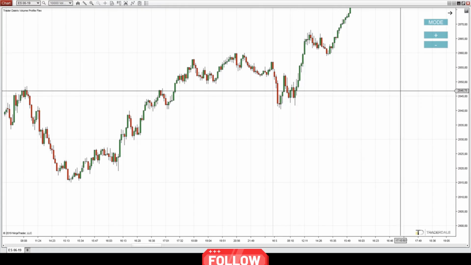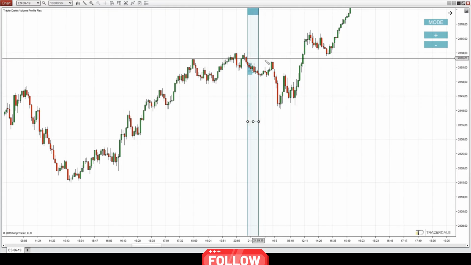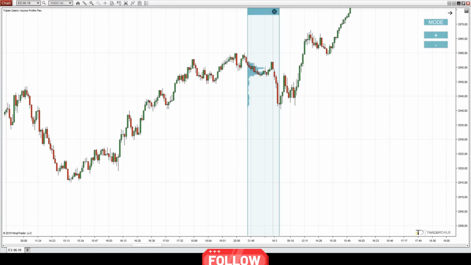Another case of volume accumulation is this rotation. Heaviest volumes being in here. And this is the reaction to it. All right, again, very nice reaction to the heavy volumes from this rotation.